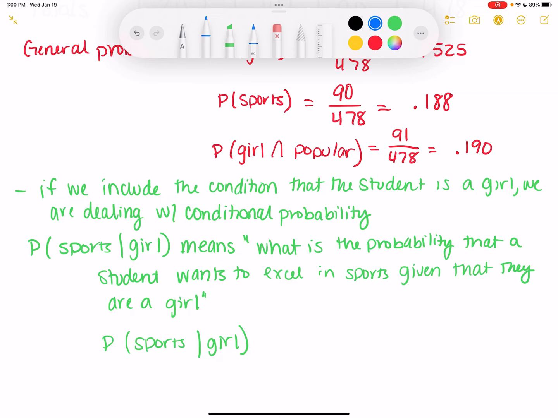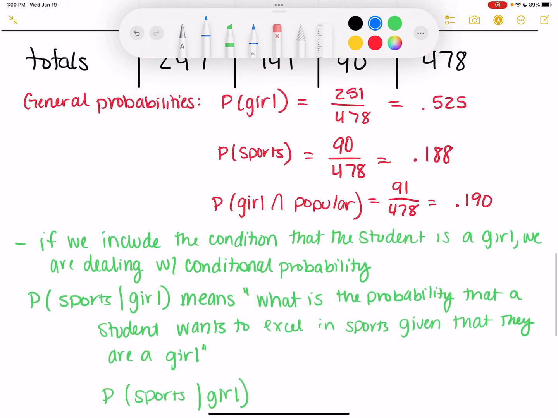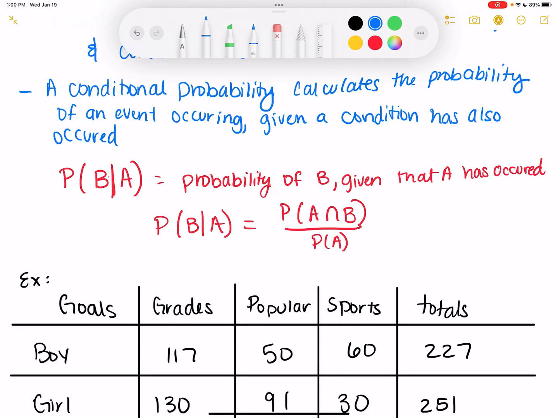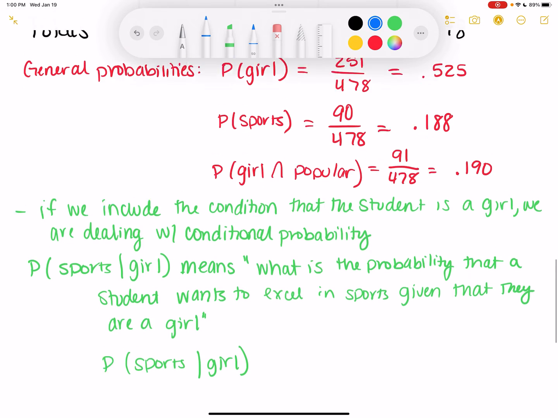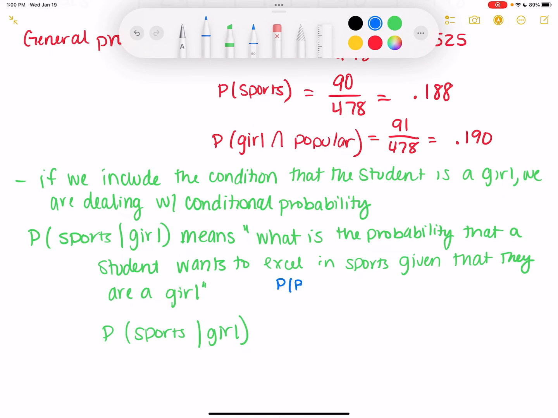So again, I like to rewrite this formula every time so that I make sure I follow the example exactly. So the probability of B given A is equal to the probability of A intersect B over the probability of A. So I'll use my words to fit this exact pattern.